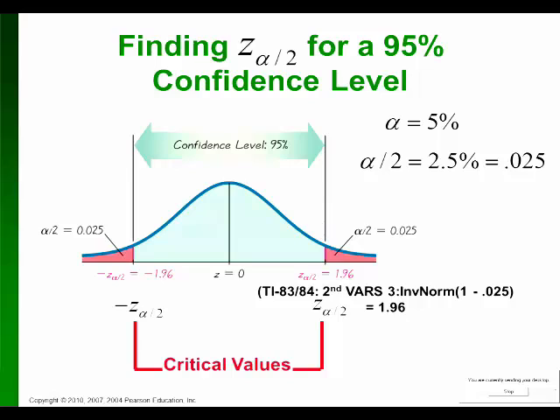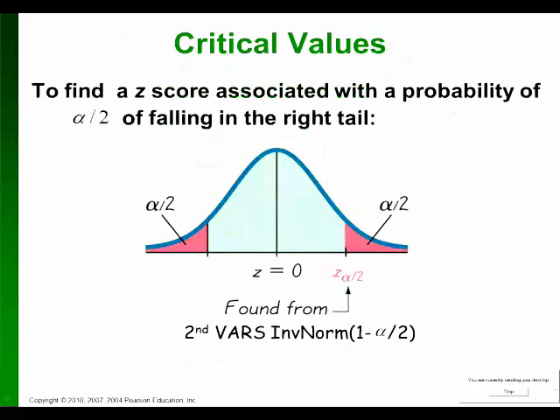Now going back to the general slide, this was a specific confidence level of 95%, but in general, for any confidence level, you tell me a confidence level of 90%, I'm going to say alpha is what? 10% or 0.10.